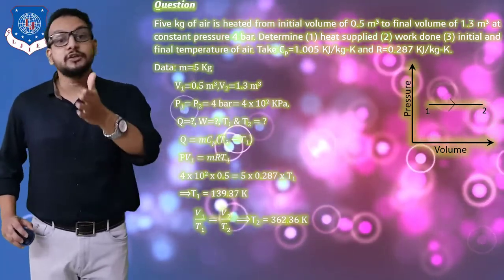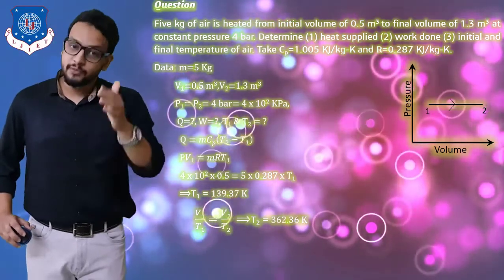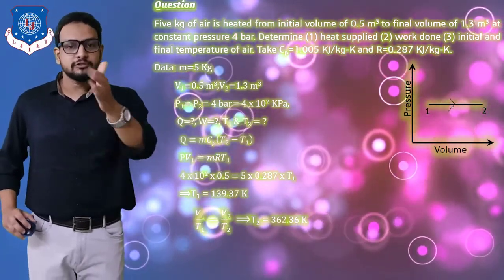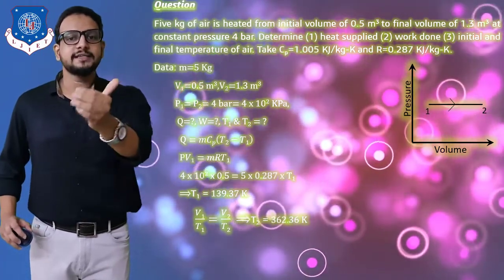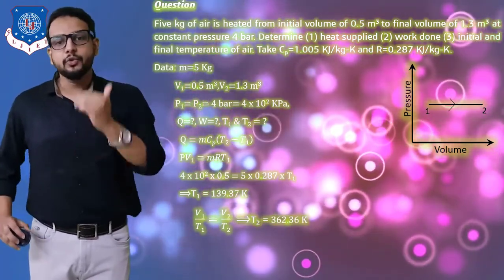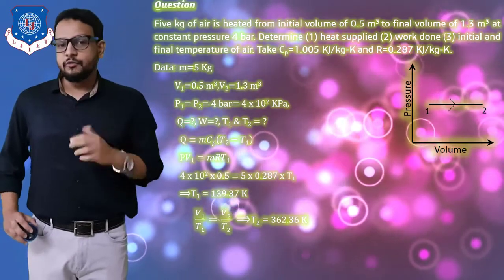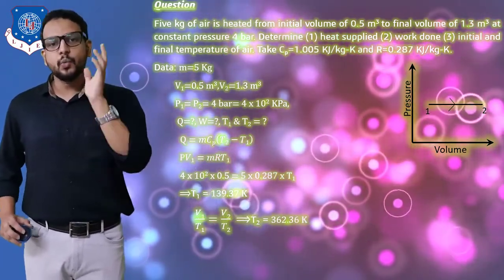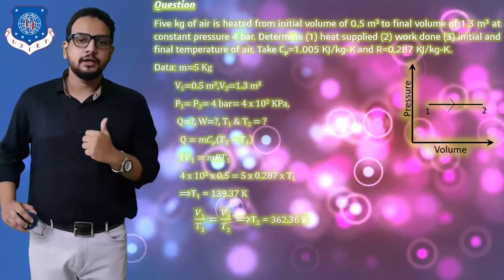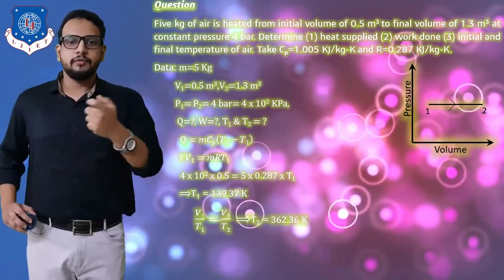Temperature, which can be determined from this equation. I have substituted the values: 4 into 10 raised to 2 into 0.5 is equal to 5 into 0.287 into T1. Finally making T1 the subject, we get T1 is equal to 139.37 Kelvin. Okay, now T1 we have obtained.